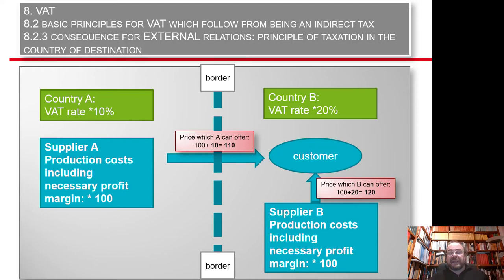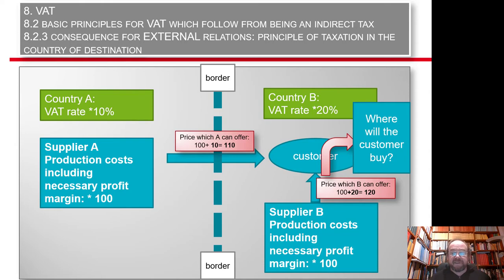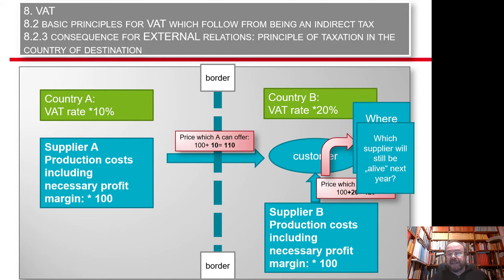Then supplier A could offer it for 110. Now you could ask yourself the final question: where will the customer buy? And the answer is that the customer knows the difference between 110 and 120, so the customer will order from supplier A.